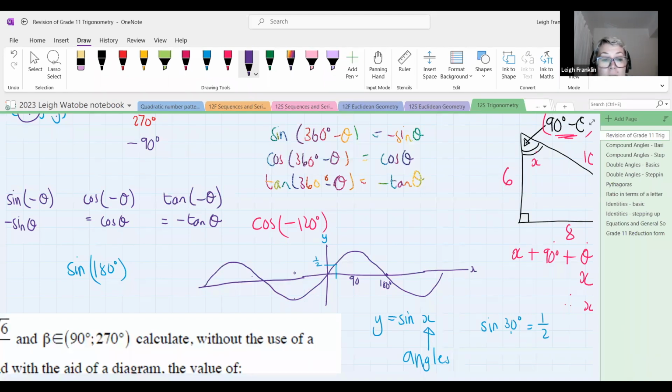Over here, this minimum is at negative 90. Over here, it's equal to minus 180. So at that point on the x-axis, x is equal to minus 180. What is the corresponding y value? It would be equal to 0 because it's now on the x-axis. Does that make more sense to you?